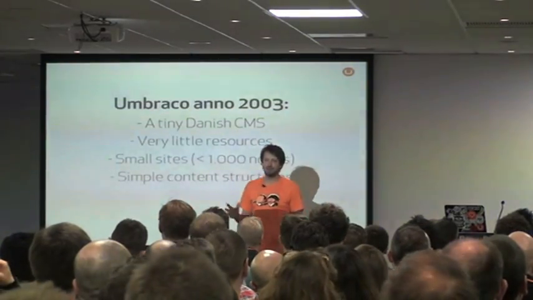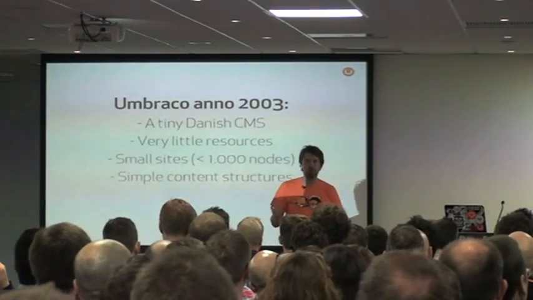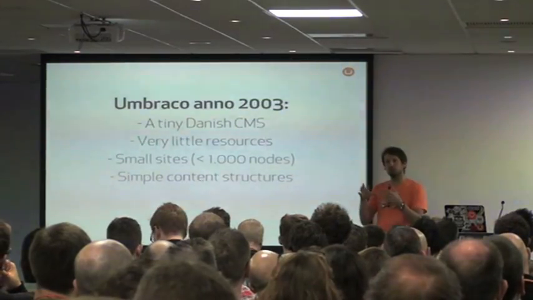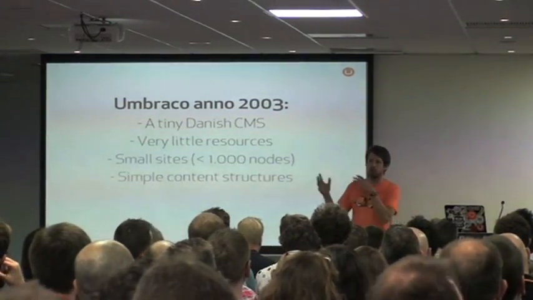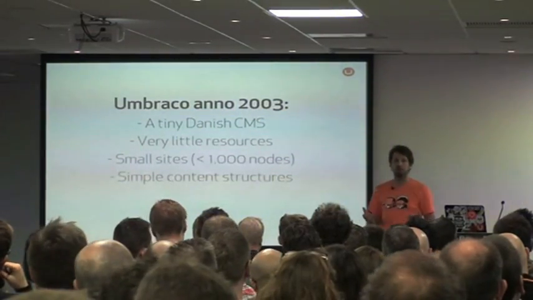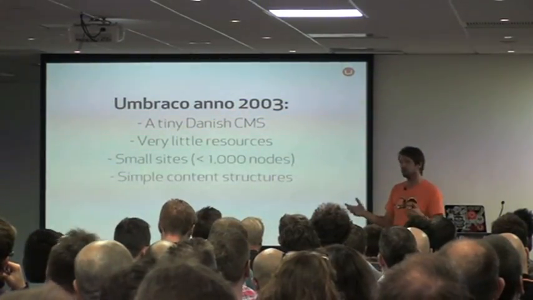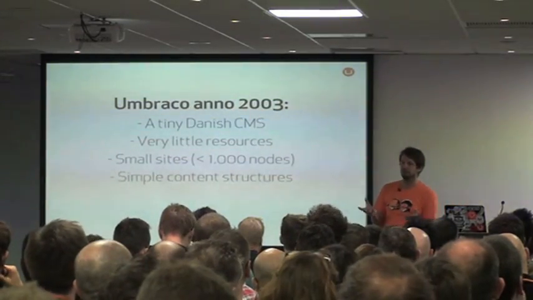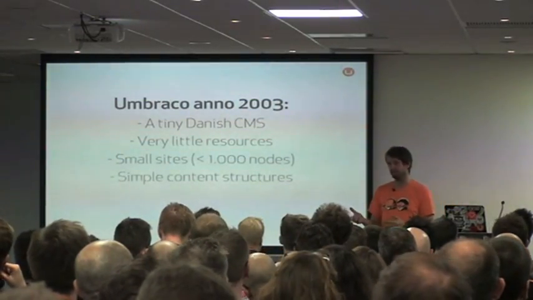The biggest one was maybe 1,000 nodes. And the content structures were really simple. There weren't content repositories with teasers as we see today. There weren't a lot of dictionary items. It wasn't multilingual, all that kind of stuff. So there was no reason for the UI to support that, for instance.